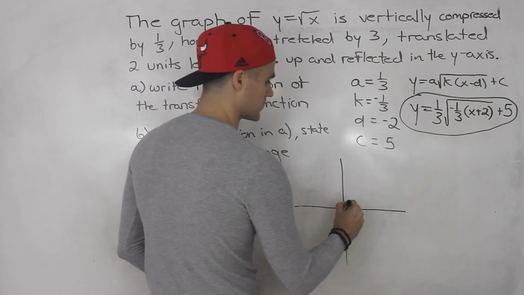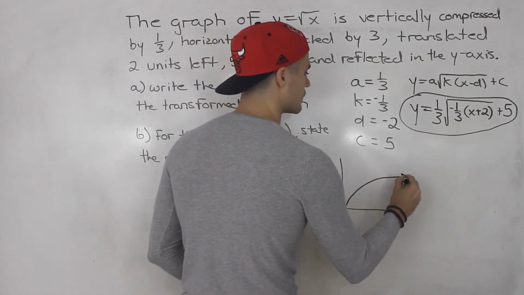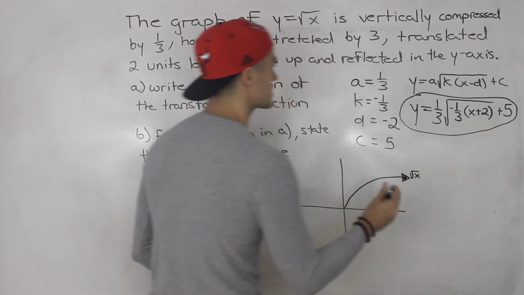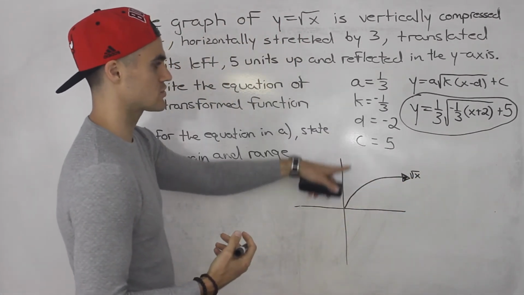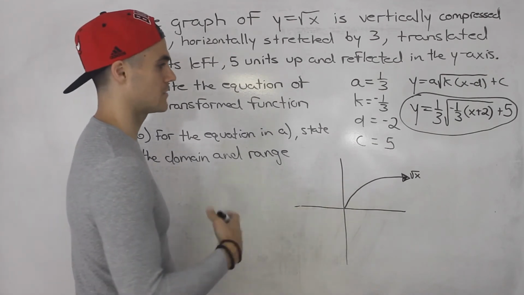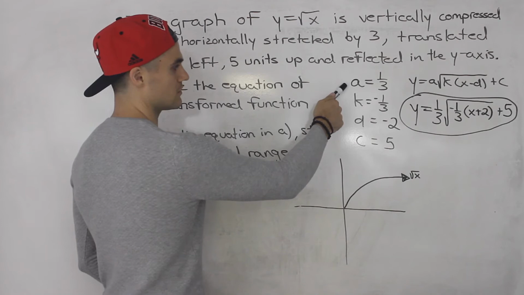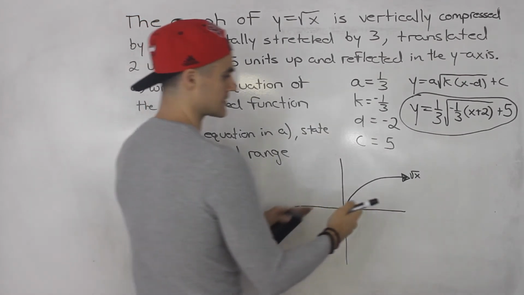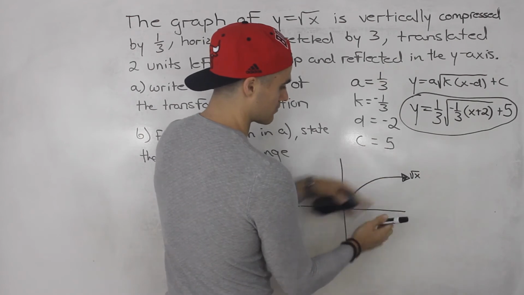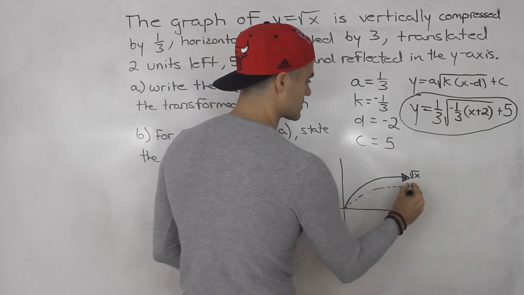So I'm going to start off with the graph, root x, the parent function, and then I'm just going to look at these transformation values and do it freehand. So a vertical compression by 1 over 3, that means that it is vertically compressed. So that transformation would be like this.